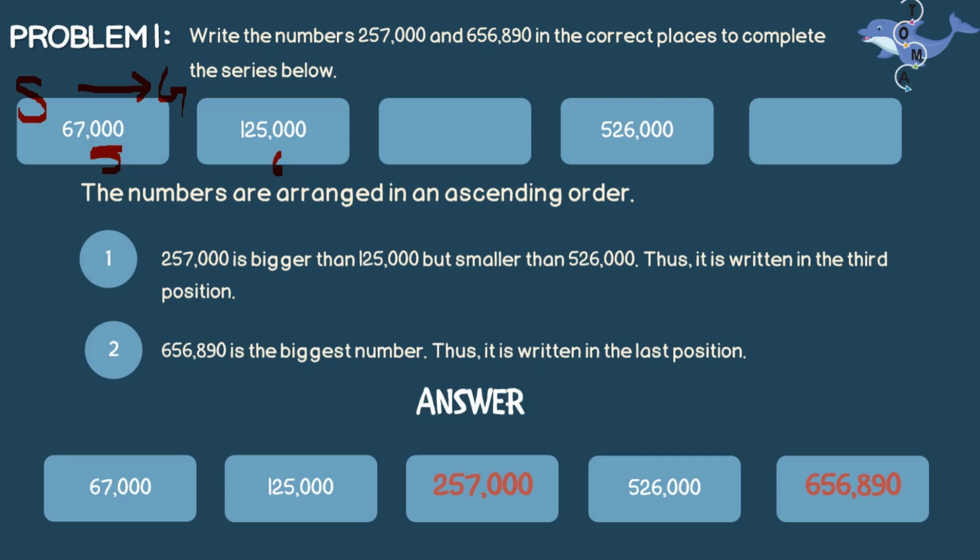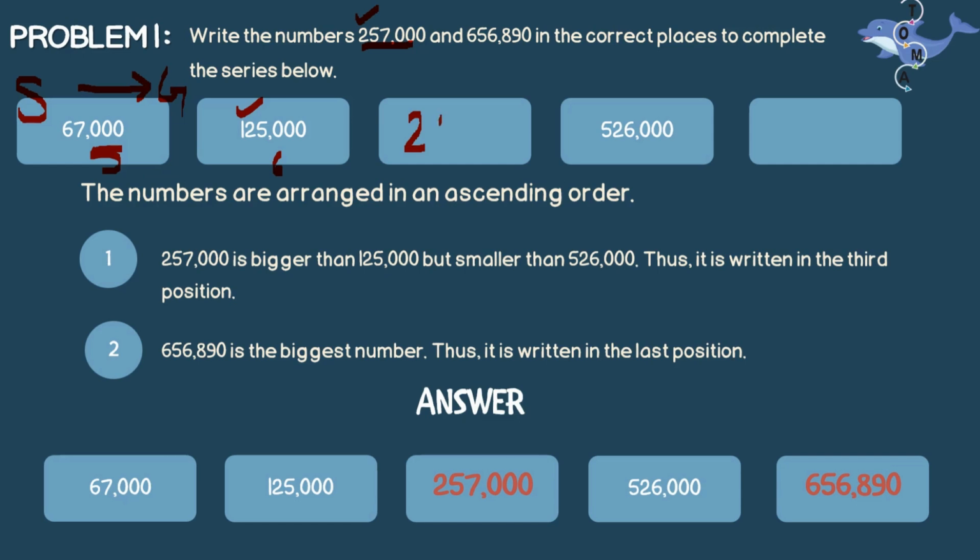So we are going to write down this number. In the third position, which number will come? Yes, this number. If you check the digits as well, this is also a 6-digit number. By comparing the first digit, this one and this one, that is 1. Which number is greatest? Yes, this number. So we are going to write down this number over here.